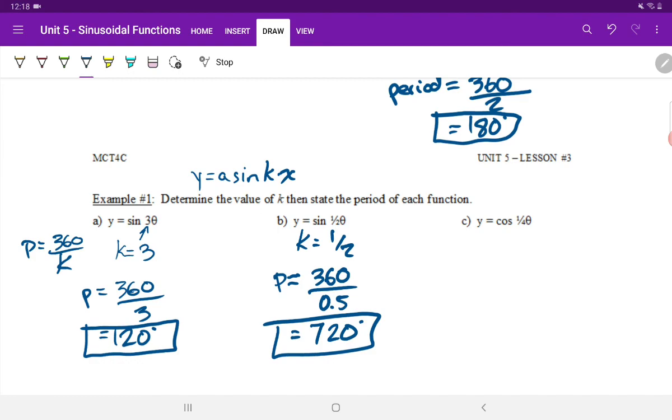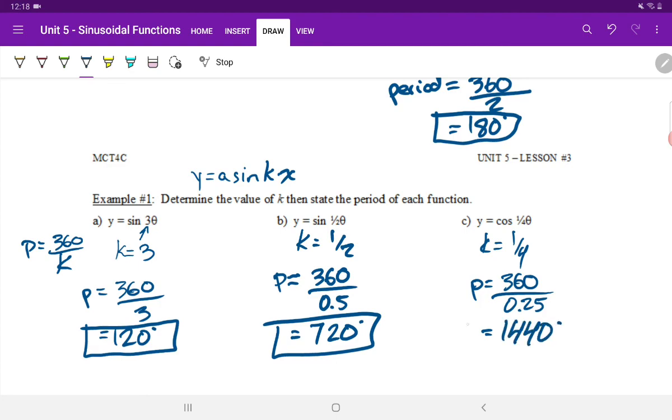All right? And now here's a new one where k is 1/4. We're going to do P equals 360 divided by 1/4, or 0.25. Dividing by 1/4 is the same as multiplying by 4. So 360 times 4 is 1440.